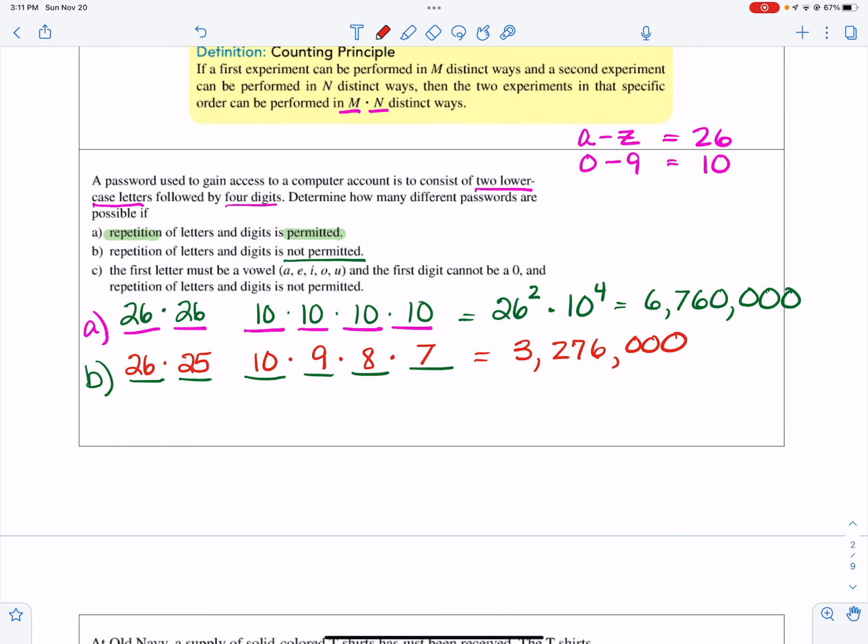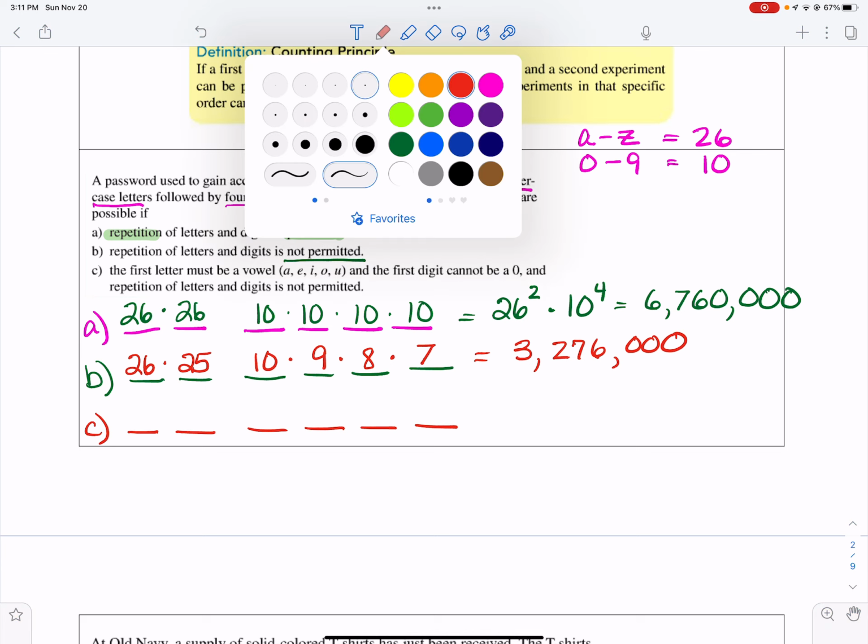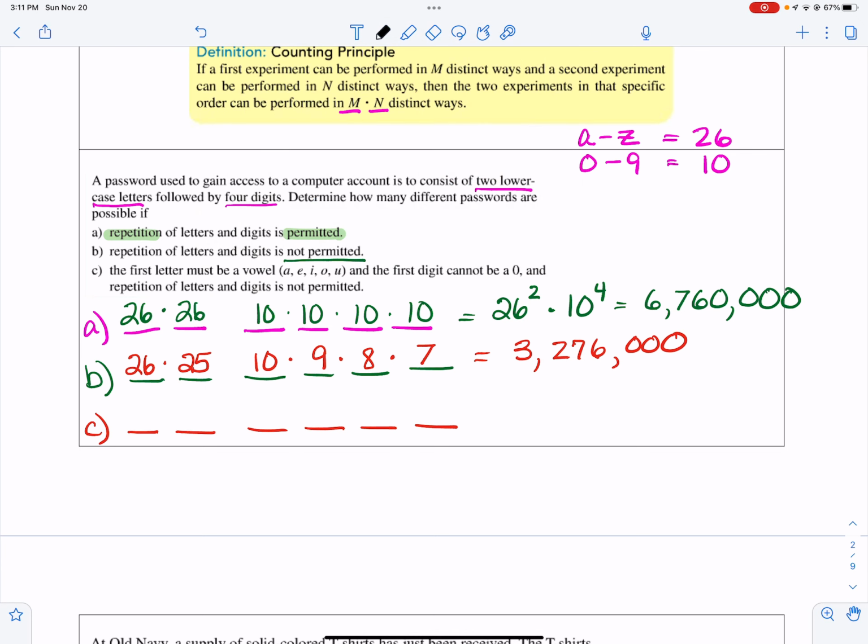And then the last one's a little bit tricky because we are having some restrictions. So let's go ahead and make our 2 letter and our 4 digit blanks. And this one says the first letter must be a vowel, okay? The first letter must be a vowel. So we have 5 choices for that first letter.